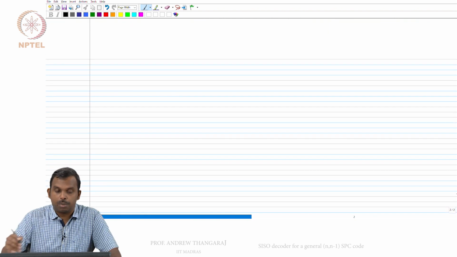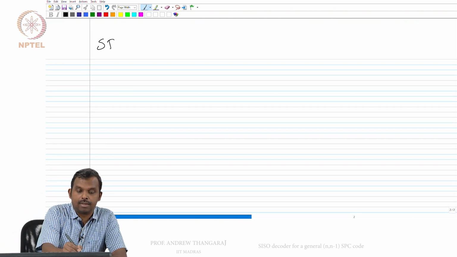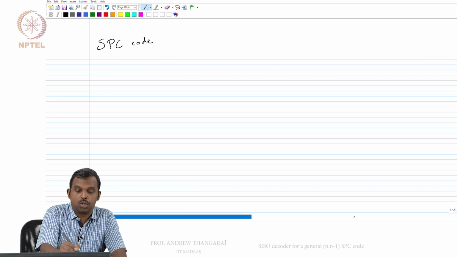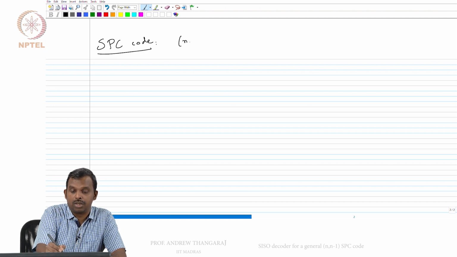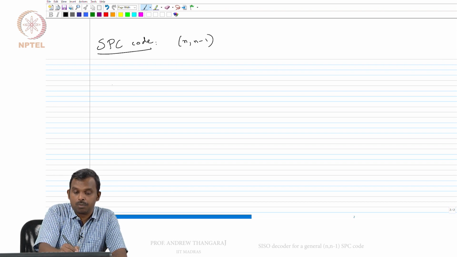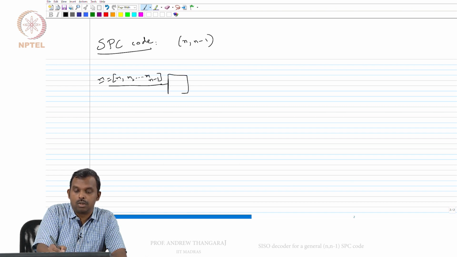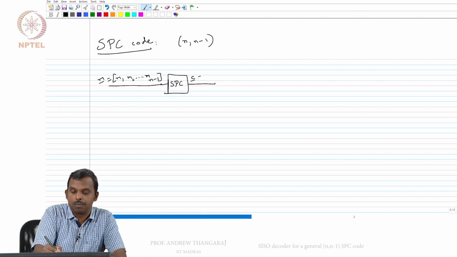So, the picture is similar to before, except that we are using (n, n-1). You have a message vector m1, m2, till m(n-1), and then you do the single parity check code, which gives you a codeword C, which is C1, C2, till Cn.